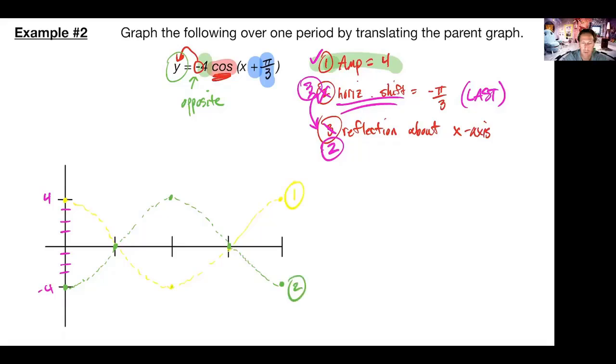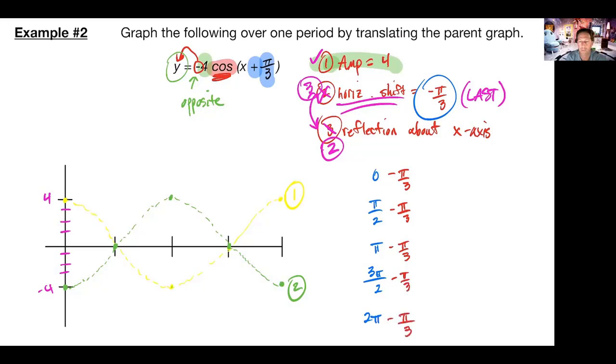Let me label these. So now the third and final step would be to actually graph this by shifting everything left pi over 3. Now normally these will not change. You'll start at 0, go to pi over 2, pi, 3 pi over 2, and end at 2 pi for sine and cosine. One full period or circle before it repeats. This time now what we're going to do is shift every single one of these 5 key points left pi over 3.